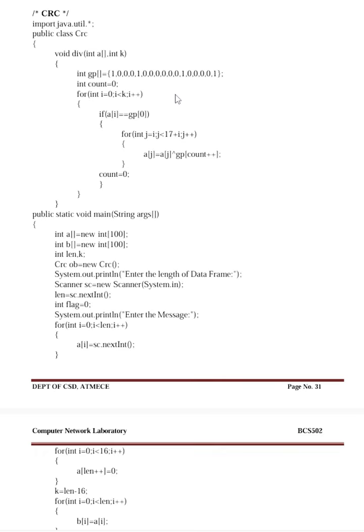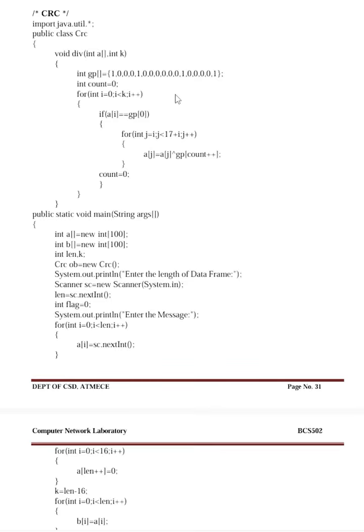Next here also I am using a loop: for int i is equal to 0, i less than length, i plus plus, a of i is equal to a of i XOR b of i. This operation effectively places the remainder CRC into the last 16 bits of the frame while keeping the original message unchanged, producing the message plus CRC.